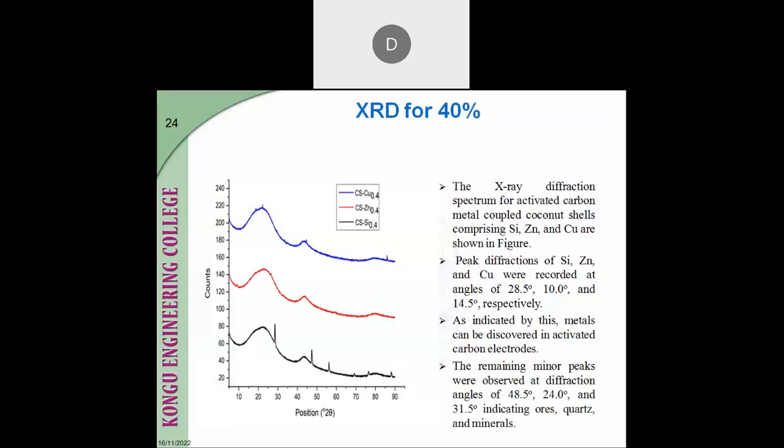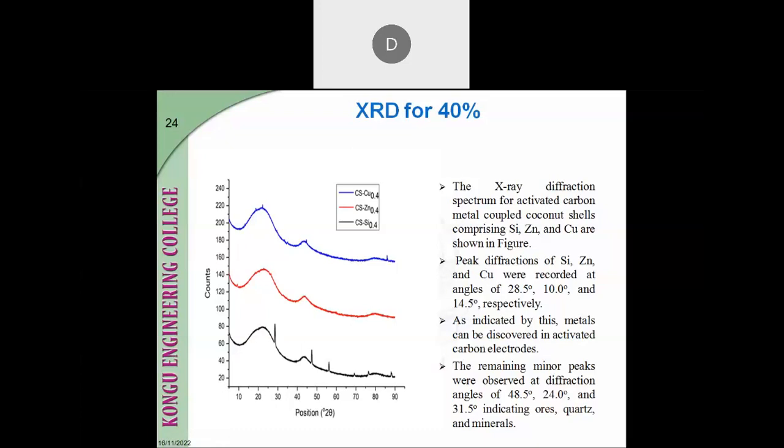Similarly, the XRD for the 40% metal mixed biochar electrodes is shown in the figure. This XRD spectrum shows peaks observed at diffraction angles of 27.5 degrees, 10 degrees, and 24.